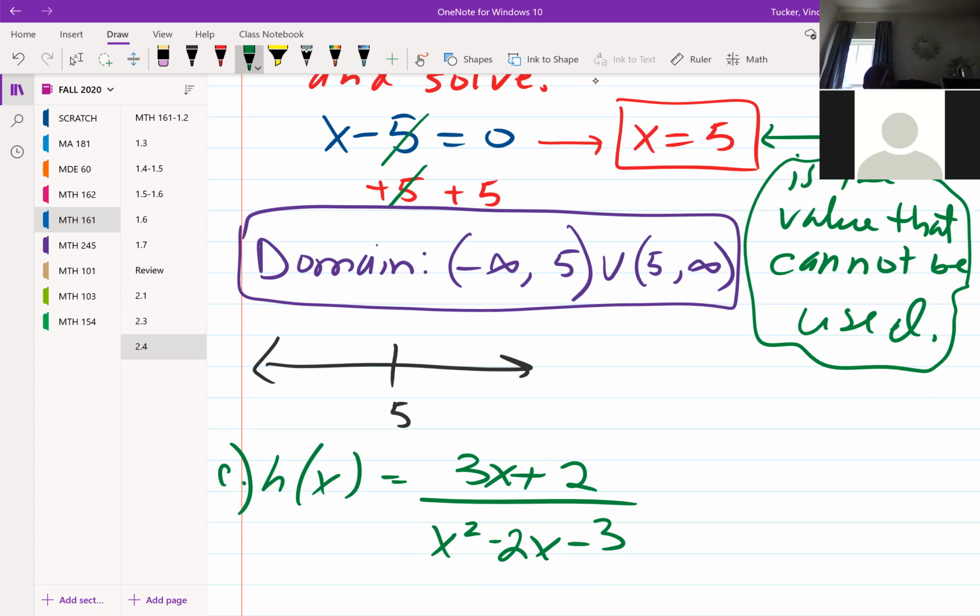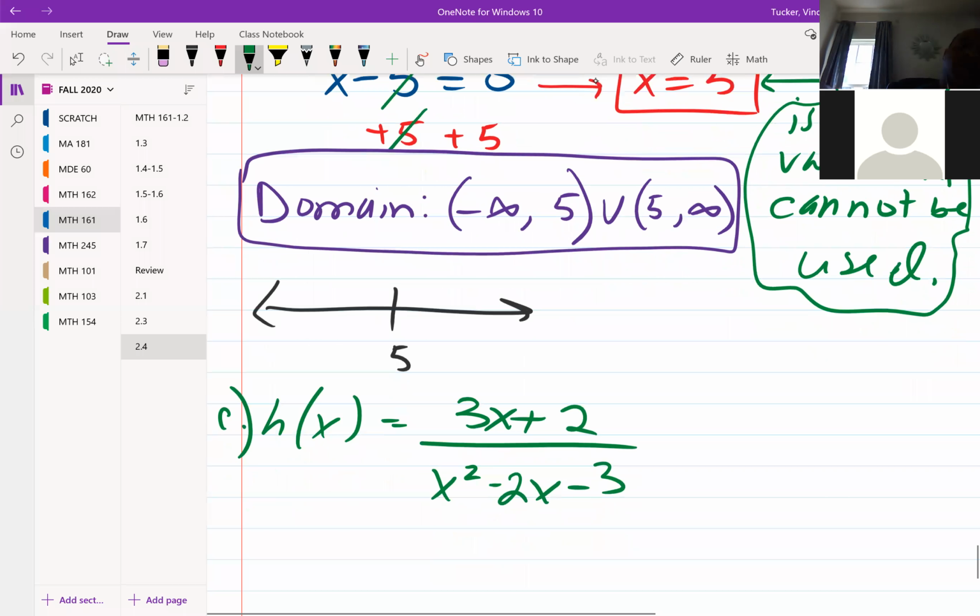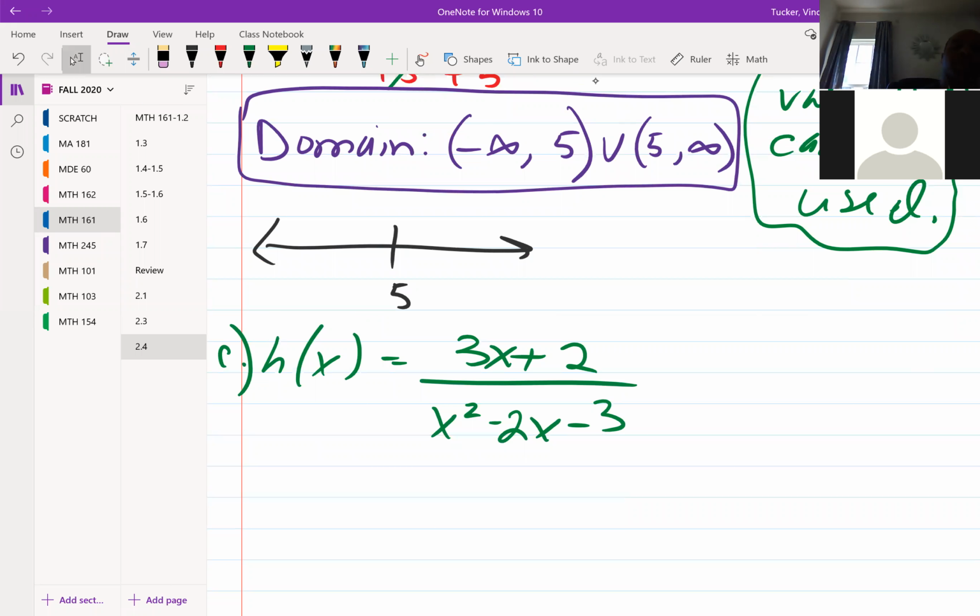All right, similar scenario from the last one. Just have more in the denominator. H of x is equal to 3x plus 2 over x squared minus 2x minus 3.